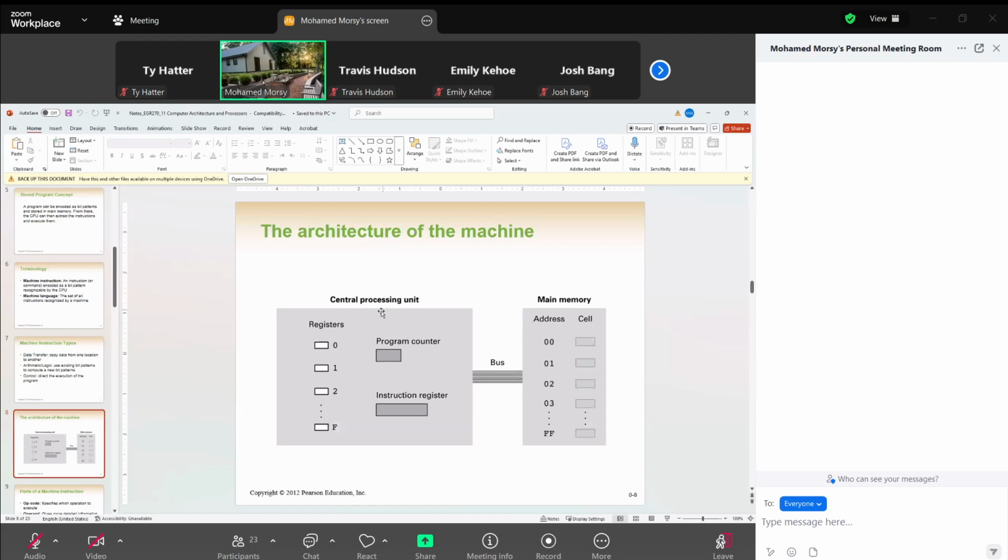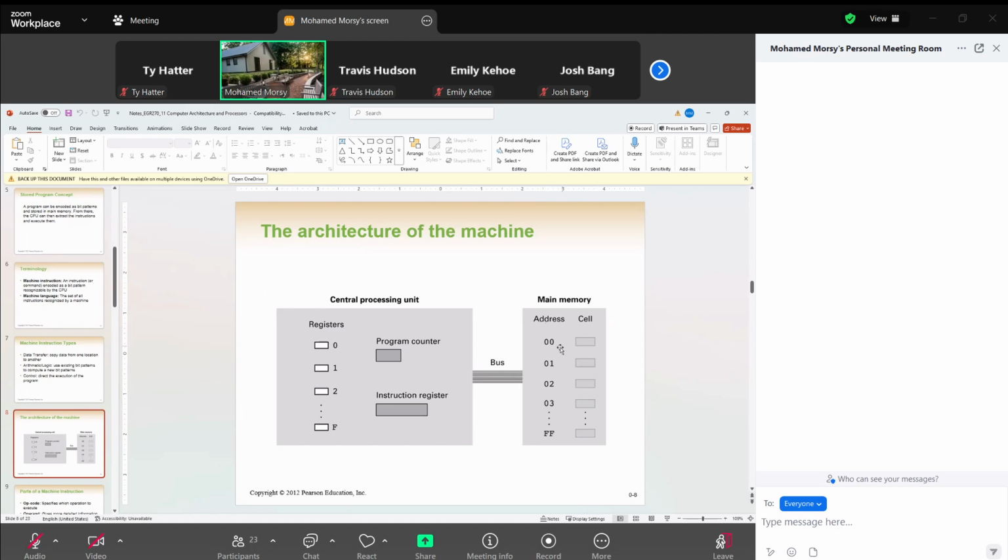Here we can see the CPU in more detail. It has a program counter, an instruction register, and the regular registers. The CPU is connected with the main memory through a bus.